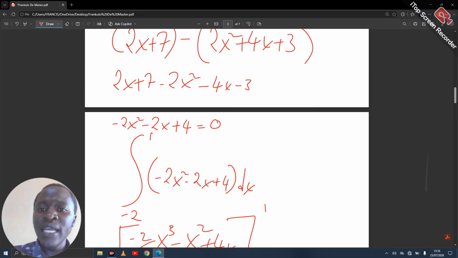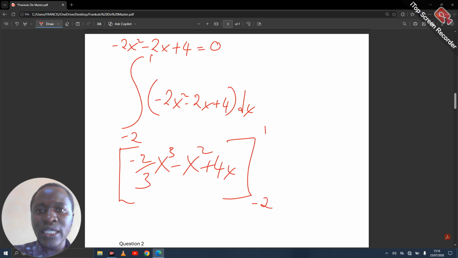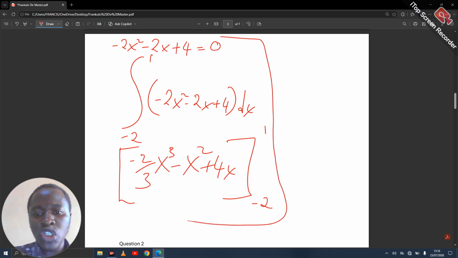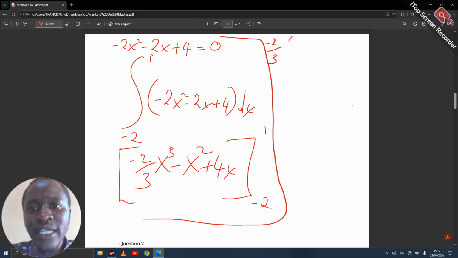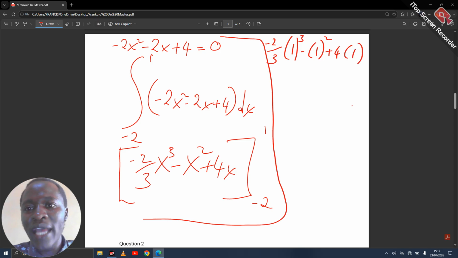So it is from this point that we shall substitute. Let's start with 1. So we shall have -2 all over 3 into 1 cubed, minus 1 squared plus 4 into 1. You will get the answer there.